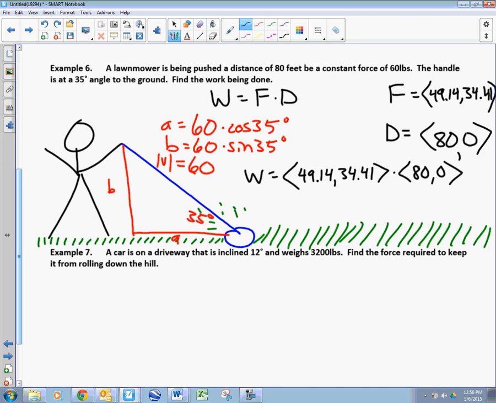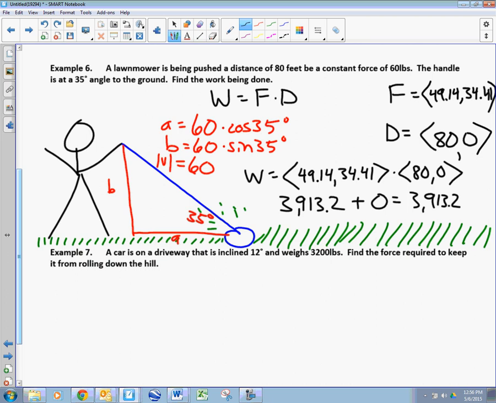That was easy. So I have 49.14 times 80, which is what? Plus 0 is 3,913.2. Let's think about our measurements here. What is force measured in? Pounds.